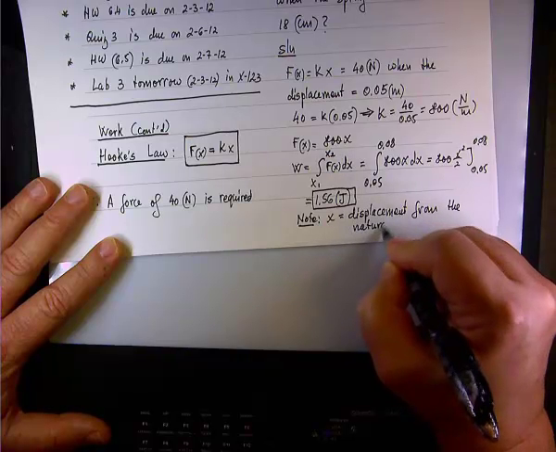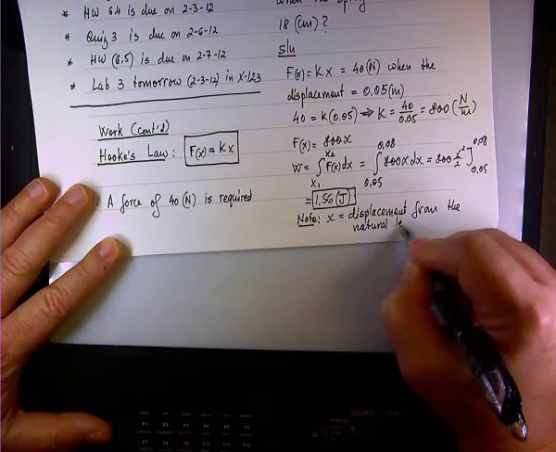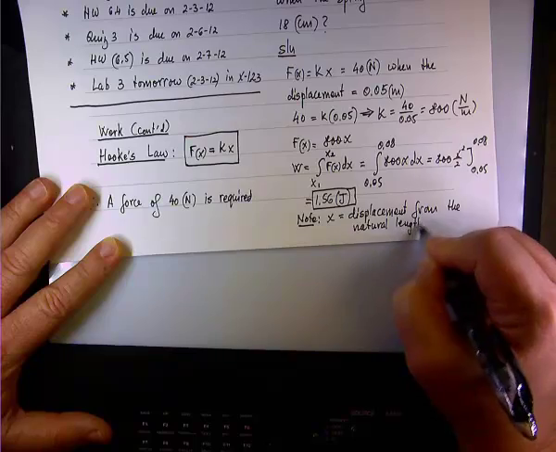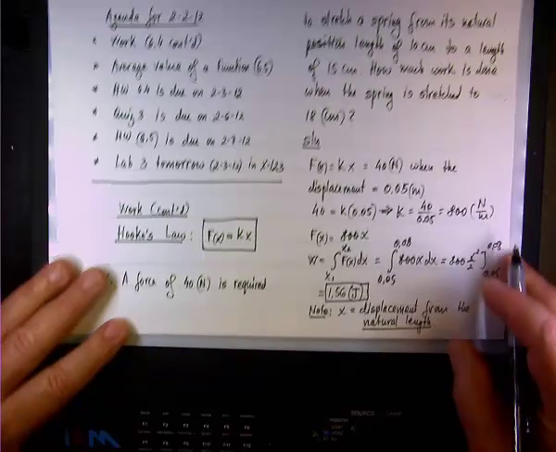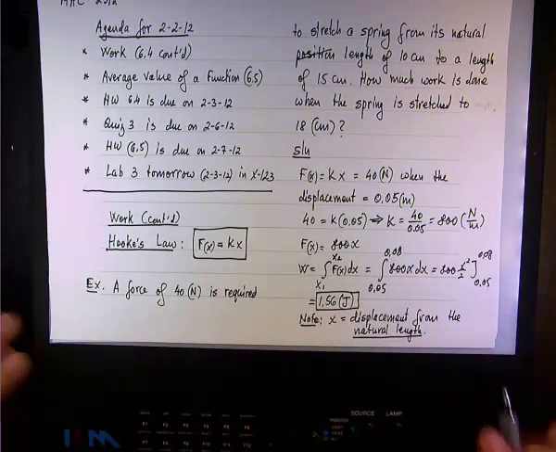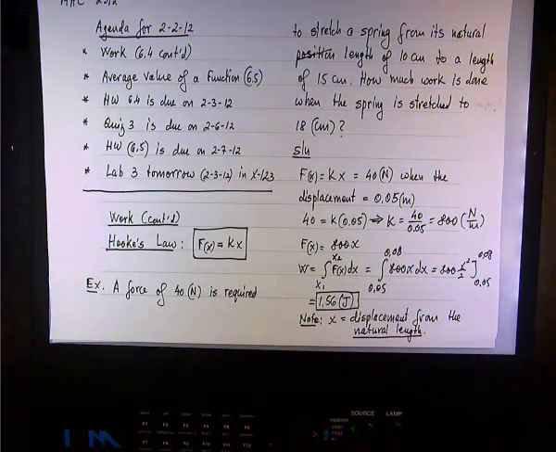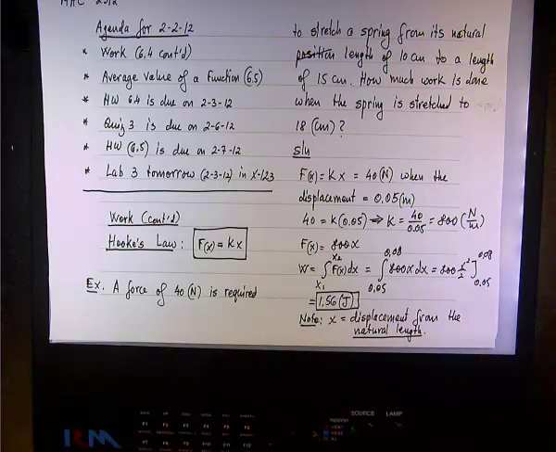This is something you want to keep in mind. And this is true, and you'll see in the following 2 examples, this is not only true for Hooke's law, spring, and it's pretty much the same for all work problems. You need to consider what the displacement is, not what the actual value of the position is. The position is always measured from a reference point.